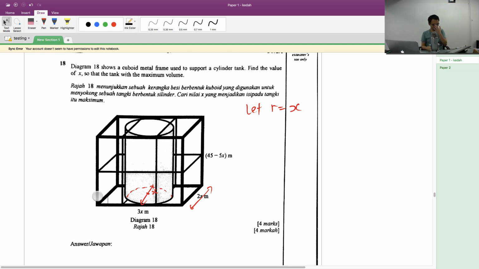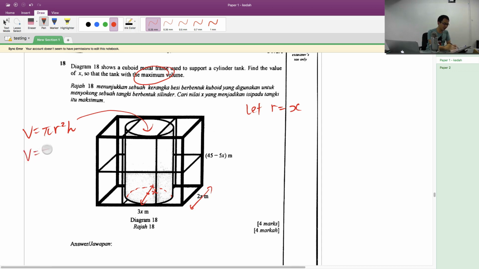And then we know the volume of a cylinder is V equals pi r squared h. Since we see the word maximum, we know we have to differentiate and set it to 0.